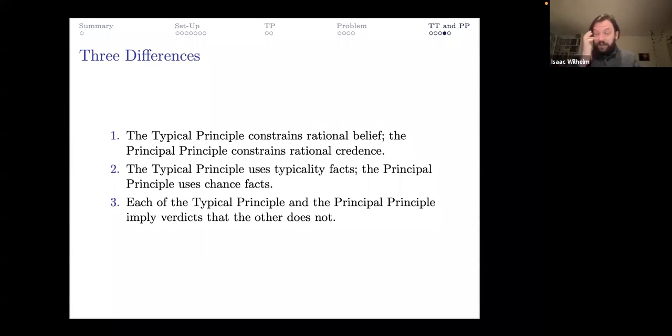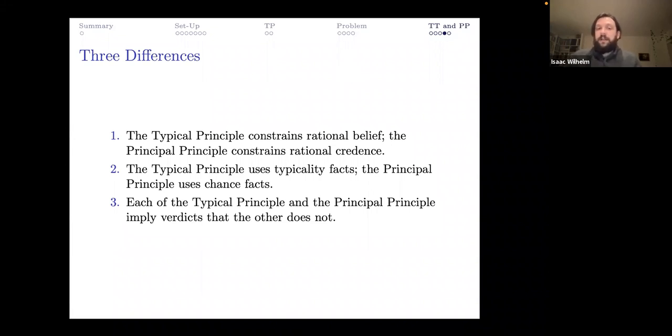The notion of typicality is more general. It admits of many more different formalizations. This is something, Robin, you were bringing up earlier: cardinality can be used to quantify typicality, not really so for probability. There are also explanatory differences. Typicality facts and probability facts figure in different sorts of explanations. So for a lot of reasons that I'm happy to go over more in Q&A if you want to hear it, typicality facts and probability facts are distinct.